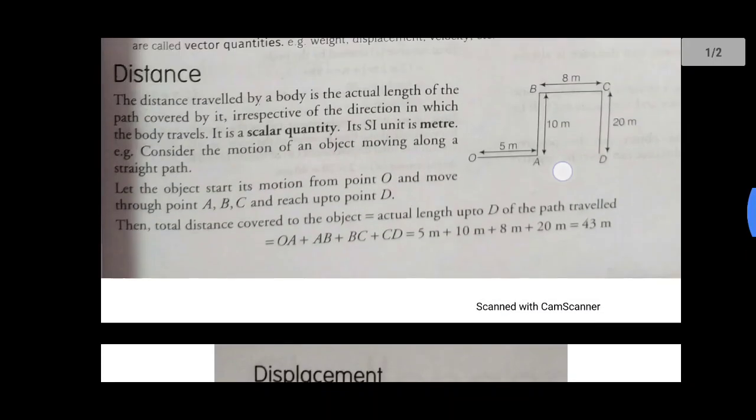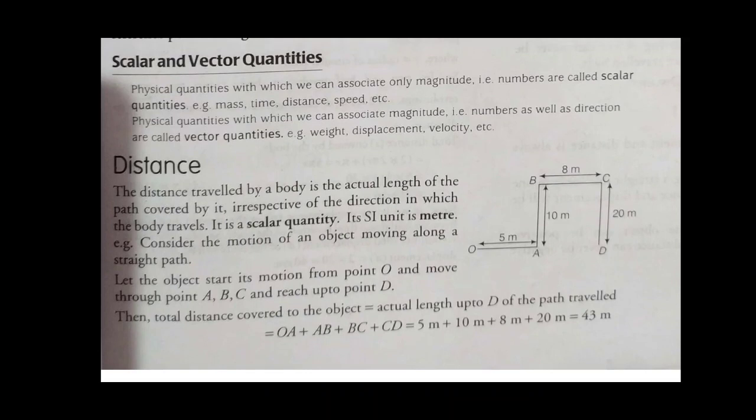Now if you will consider this above figure here, O to A to B, B to C, C to D is the distance traveled by the object. Now here if you will consider the displacement, it will be from position O to position D. So the total displacement will be OA plus AD. है ना, OA is 5 meters and A to D is 8 meters.